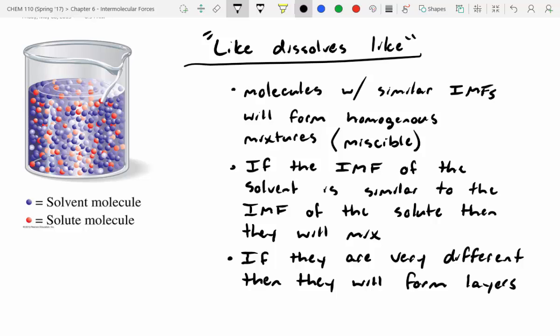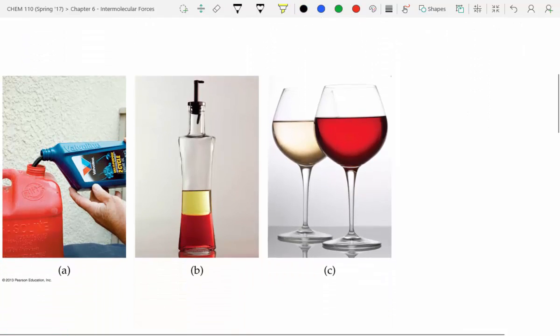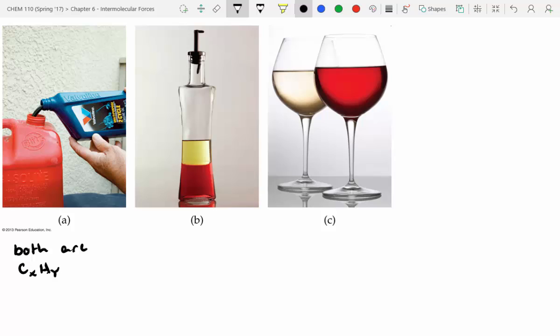So let's take a look at some common ones that you guys maybe have seen around your house. On the left-hand side, we've got oil being poured into gasoline. Both oil and gasoline are made up of hydrocarbons, right? So typically both are considered CXHY, where X is some number.